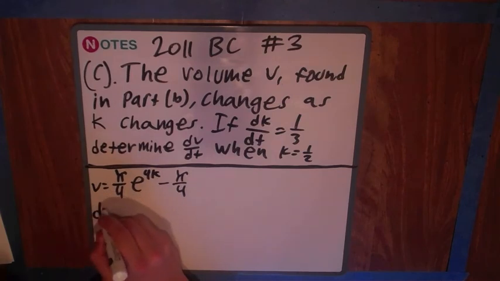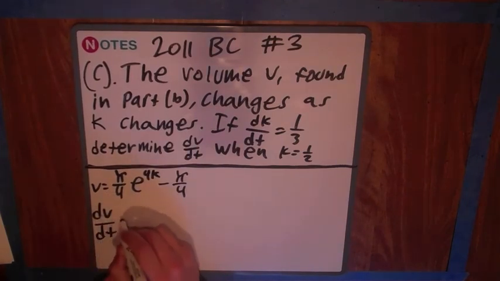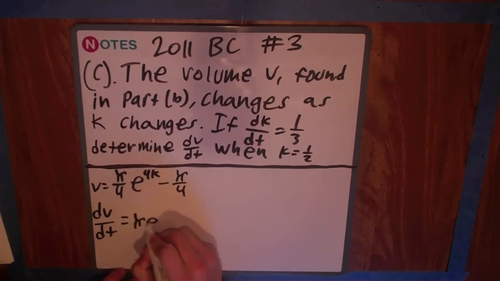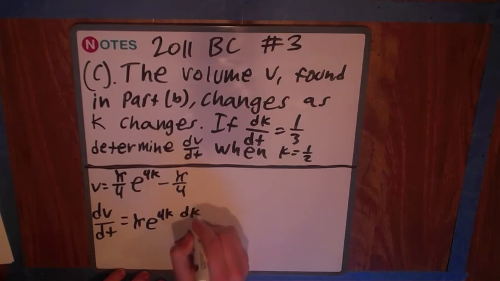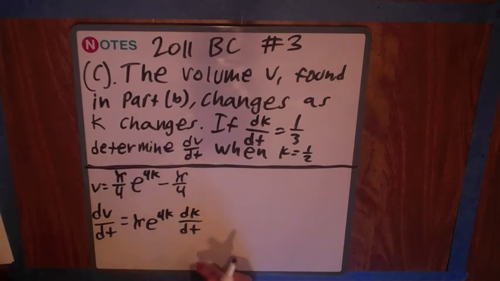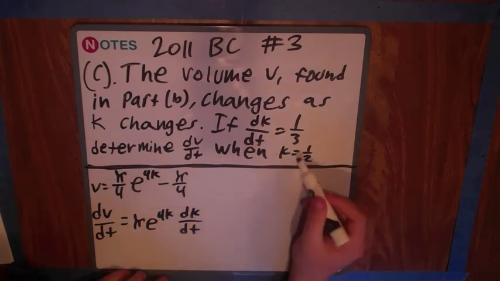So dV/dt equals pi e to the 4k dk/dt, because we took the derivative when k was our variable. So now we're going to plug in our values.